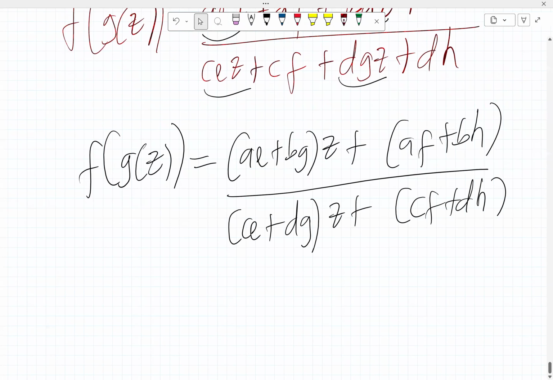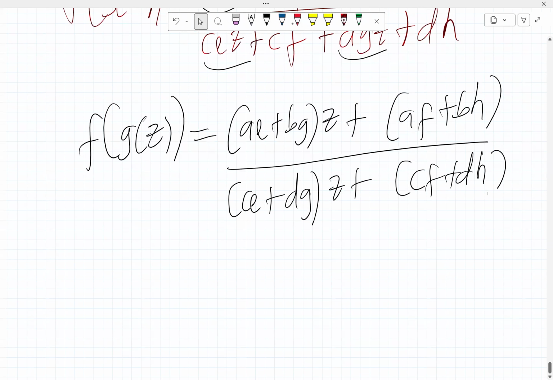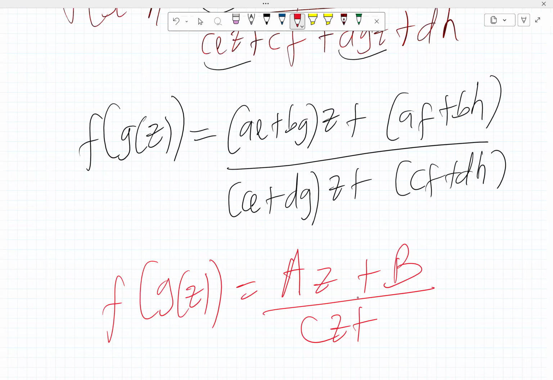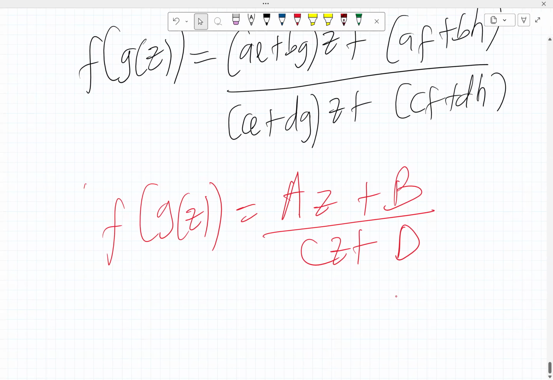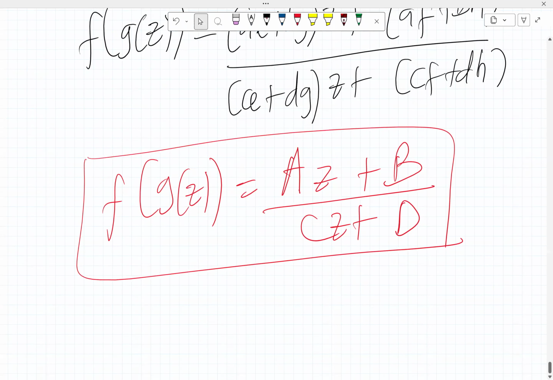So with this now, it's looking like another Möbius transformation already, because this can now be written as f of G of Z equals, if you call this big A, big AZ plus big B, over big CZ plus big D. The original Möbius transformation has small a, b, c, d, but now this one has big A, B, C, D, because each of those has a representation.